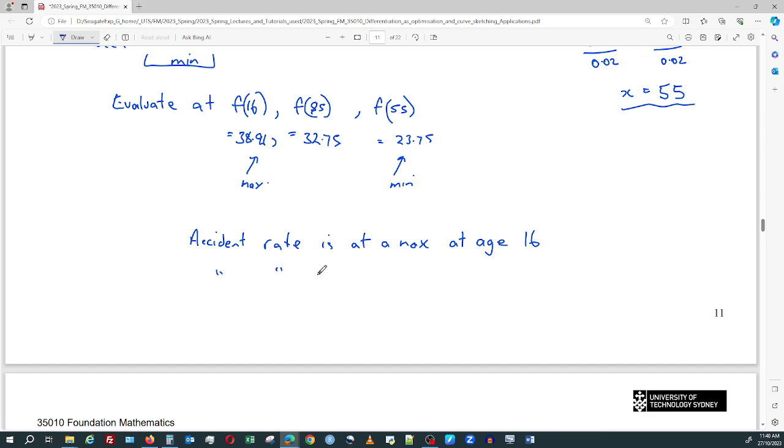Accident rate is at a minimum at age 55, which we worked out from calculus. Okay, so that's been able to give this one.